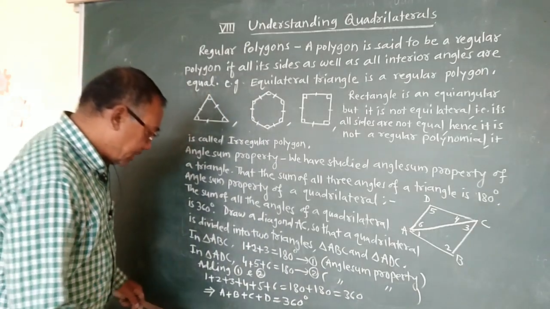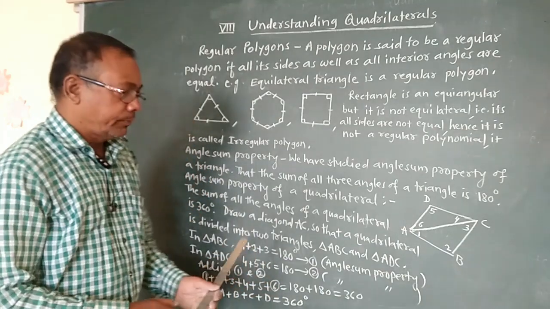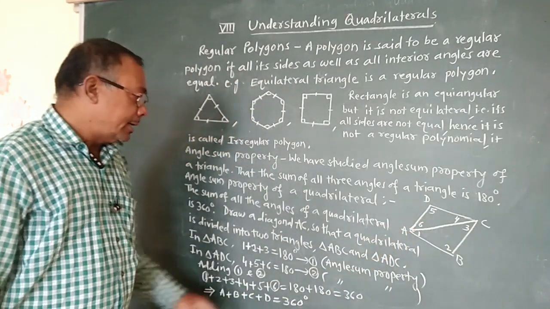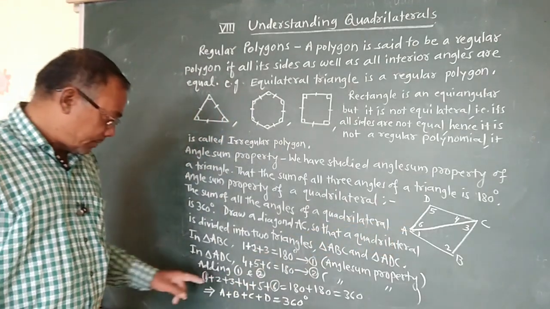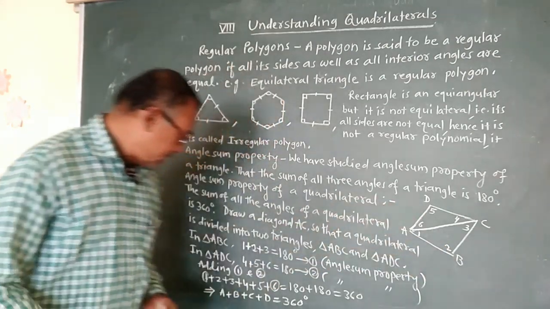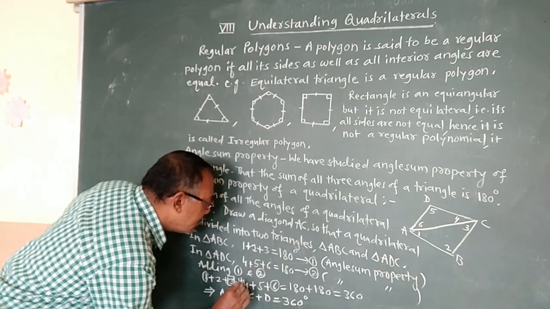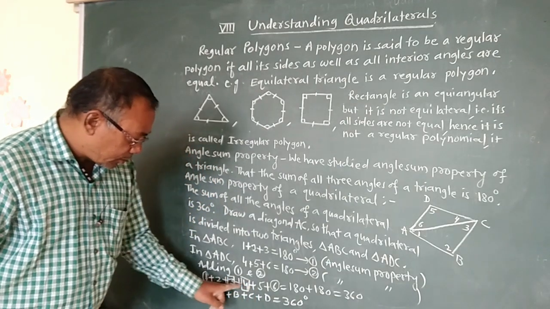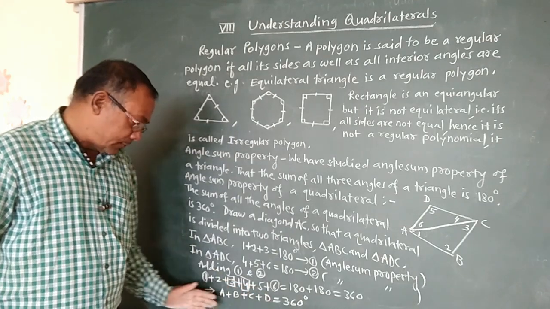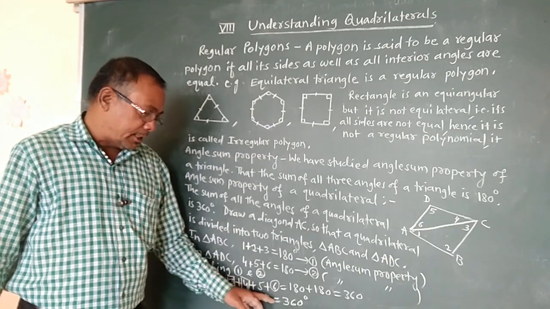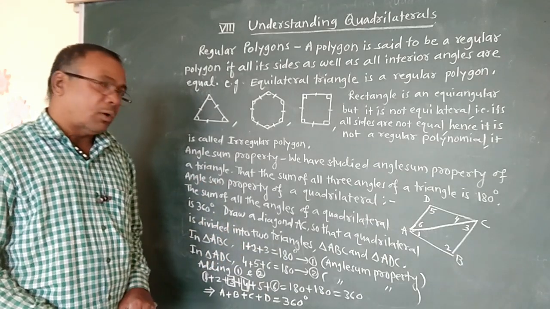Here, angle 1 and angle 6 together make angle A. Similarly, angle 2 is B. Angle 3 and angle 4, the summation of these two angles, is angle C, and angle 5 is D, and therefore A plus B plus C plus D is equal to 360 degrees, and this is known as the angle sum property of a quadrilateral.